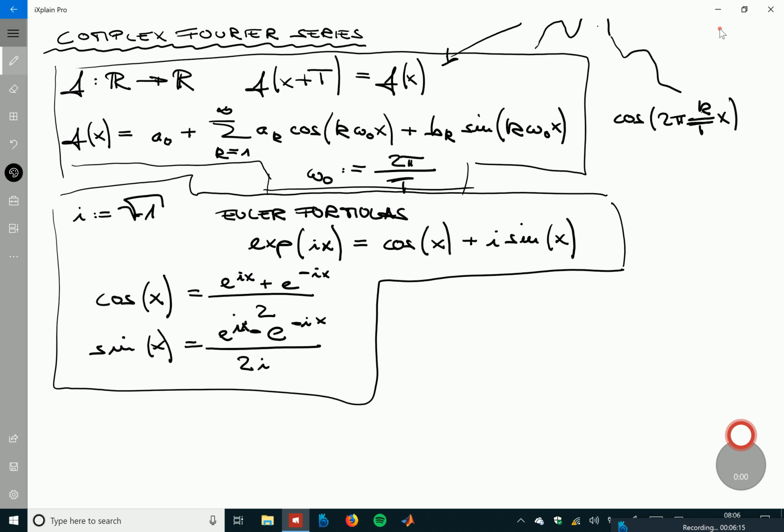This used to be the input to the cosine and the sine function, and we just re-expressed that in terms of 2 pi divided by T times k, with this 2 pi divided by T being omega 0. The thing is, yes, the cosine and the sine function are periodic, but the T refers to the period of the function that we're trying to re-express in terms of the sine and cosine functions. And the cosine and the sine themselves remain periodic.